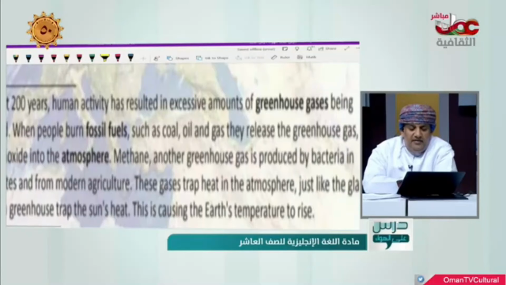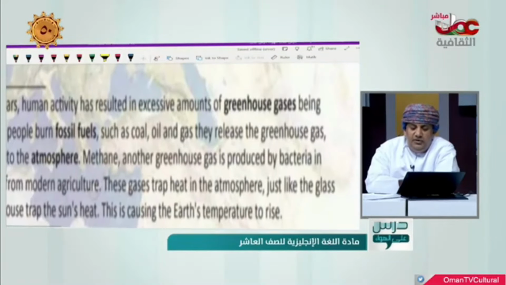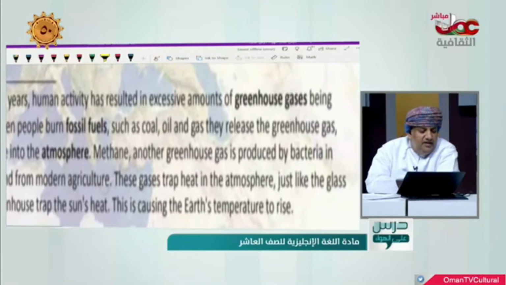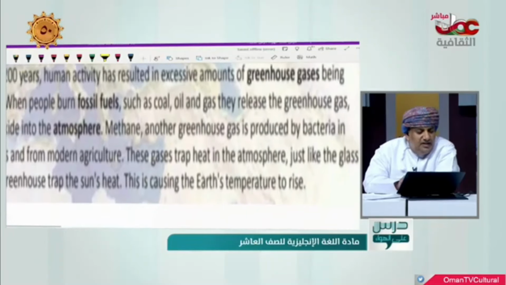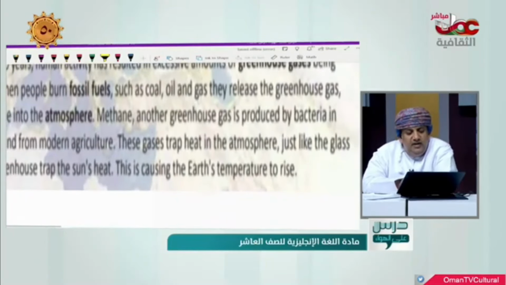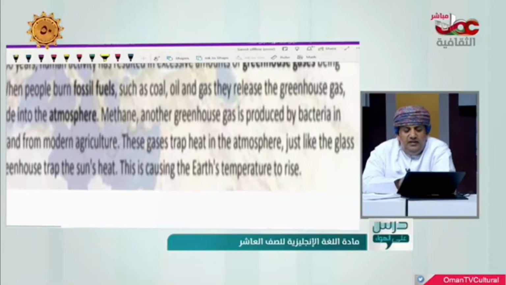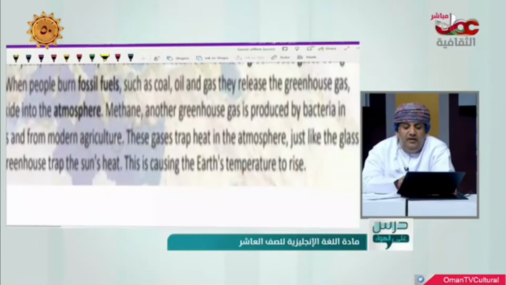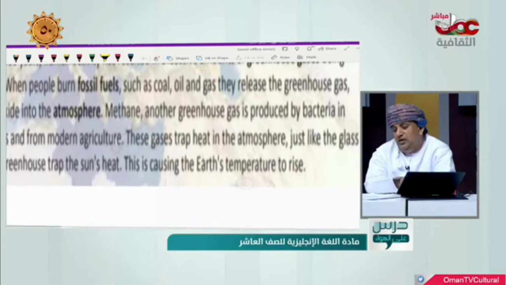Methane, another greenhouse gas, is produced by bacteria in landfill sites and from modern agriculture. These gases trap heat in the atmosphere, just like the glass walls of a greenhouse trap the sun's heat. This is causing the air temperature to rise.